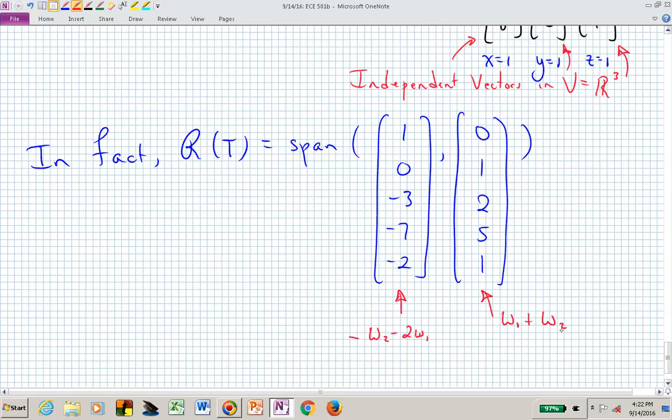So obviously W3 you can just discard, or it's a linear combination of W1 and W2. Or you could show that in fact two of W1s, and if we subtract then W2 and W3, that will give us 0, the 0 vector.